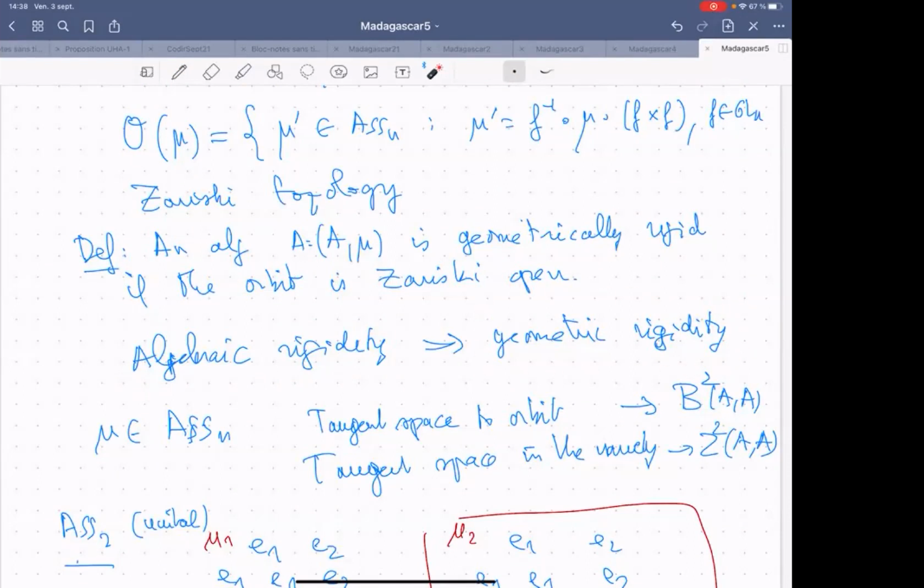And the explanation is here. If we consider a point in As_n, its tangent space corresponds to B2, and its tangent to the algebraic variety corresponds to Z2. And if these two are the same, this means that the orbit is open.